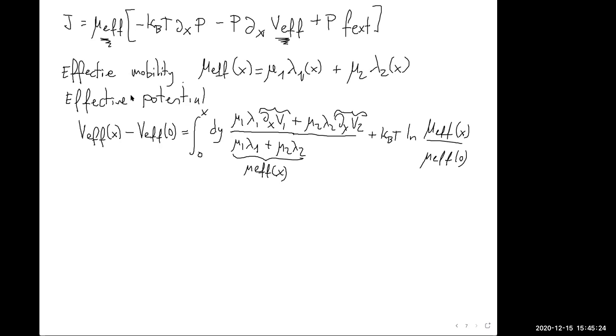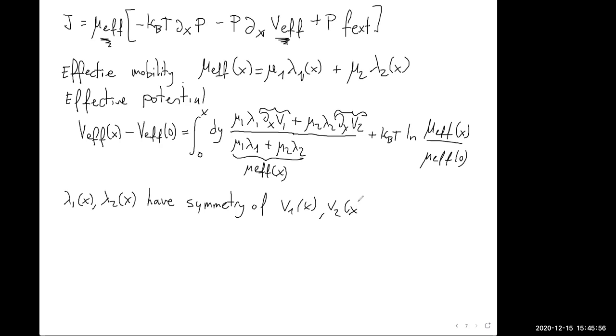But what you should realize is that in general, lambda 1 of x and lambda 2 of x have the symmetry of the potentials V1 of x and V2 of x. So if these are periodic, also these lambdas are periodic.